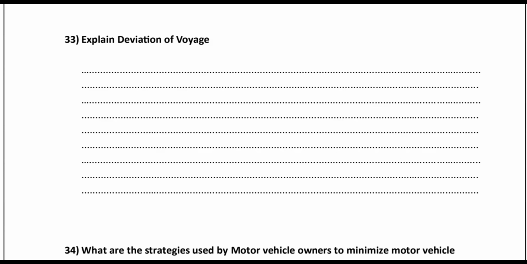But there are some situations where this deviation of voyage becomes legal. There are certain unavoidable situations. Now, deviated to avoid a war. Take what Yemen is doing.